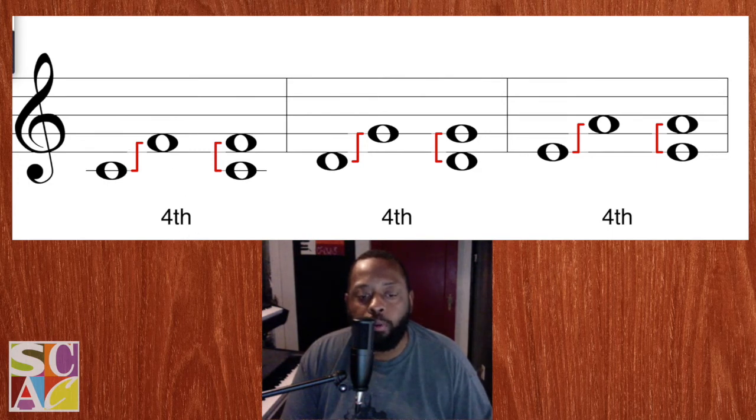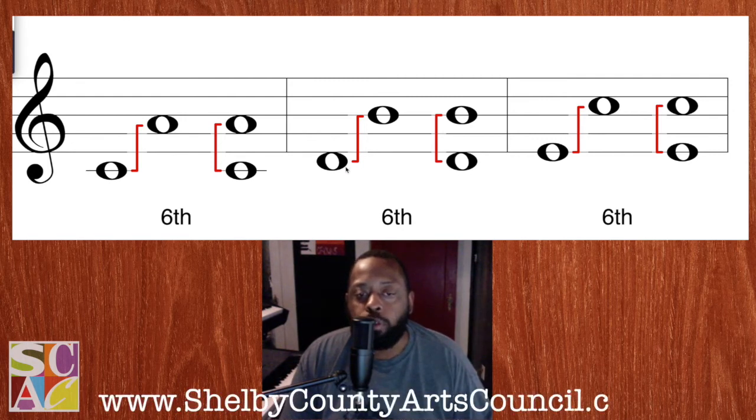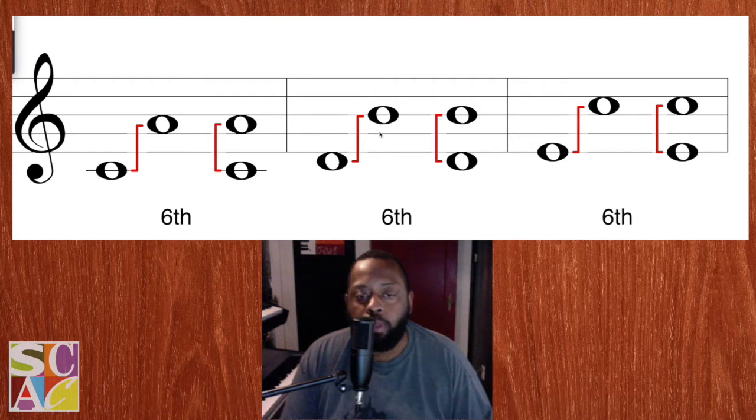Let's try one more. Let's go to the sixth, and let's look at the second one. You're going to start on D. So D is 1, E is 2, F is 3, G is the fourth, A is the fifth, and here you arrive at the sixth. So from D to B is a sixth apart.